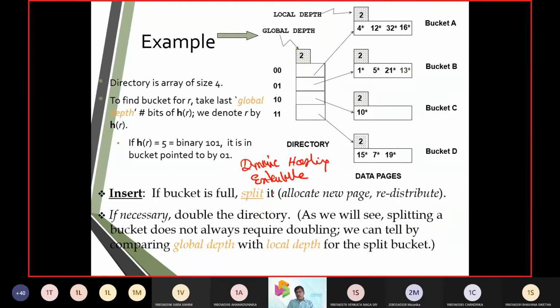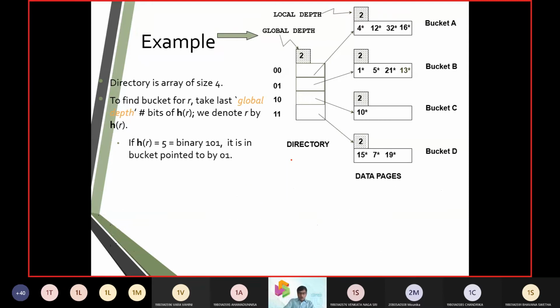Let us look into the first part of the example. In this first part, we are going to create an array of size 4: 1, 2, 3, 4.